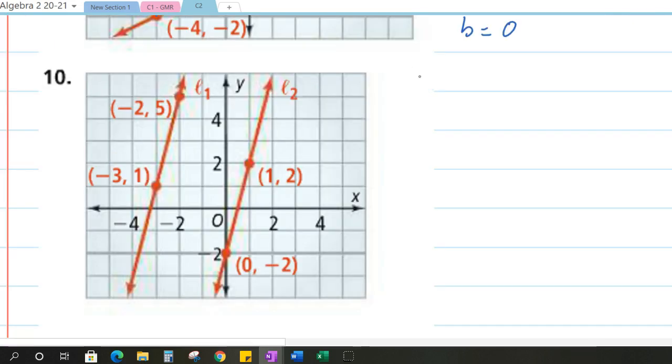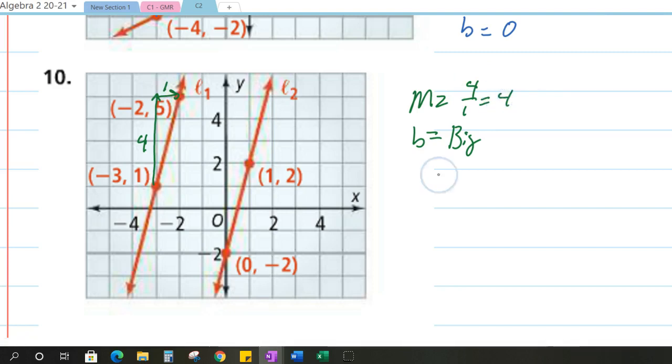We're going to do the same thing for the next problem. I need slope and y-intercept. My y-intercept is unable to be determined, but we know it's going to be really, really big off the graph. Now my slope is rise, so I'm rising from 1 all the way up to 5. That's a rise of 4, and run 1. 4/1, which is simply 4.